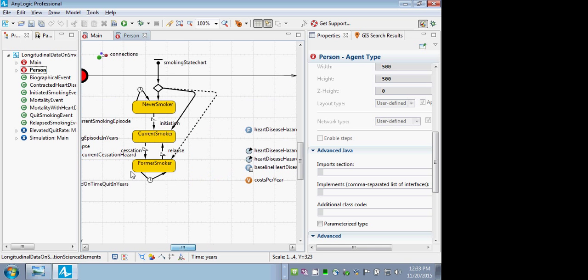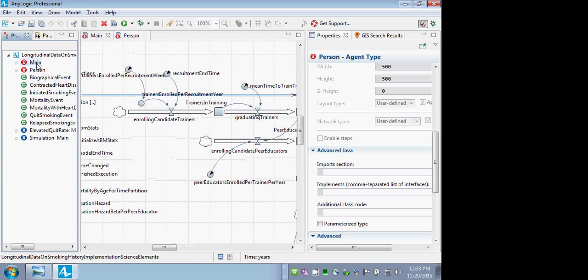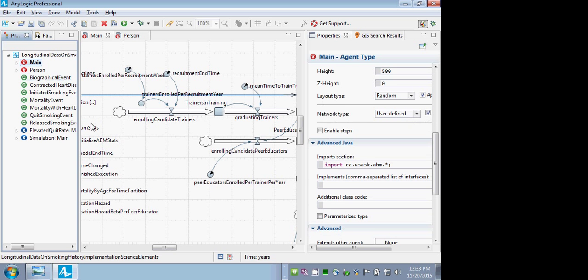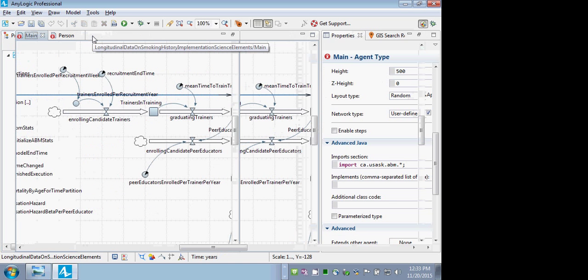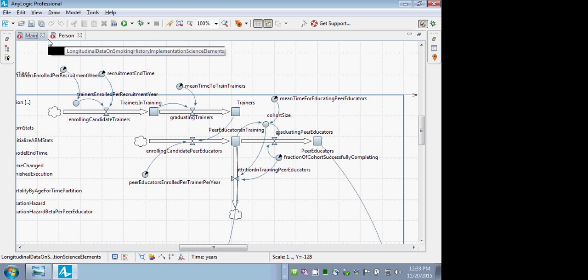But within this model, ladies and gentlemen, we further have a representation of an intervention as mediated by intervention implementation. So if you go to main, you'll see these components associated with scale-up of an intervention. The idea here is that we have peer educators, and in order to start influencing people, they need to undergo some training.